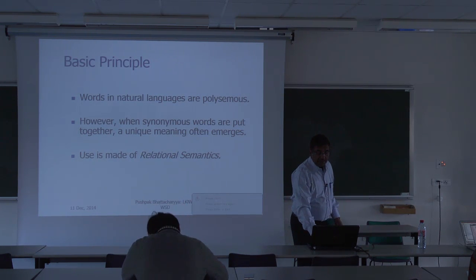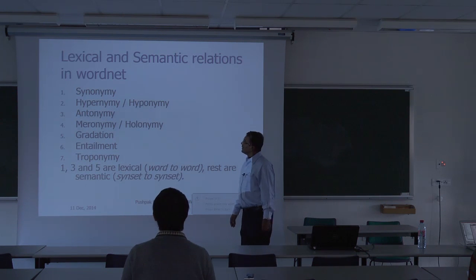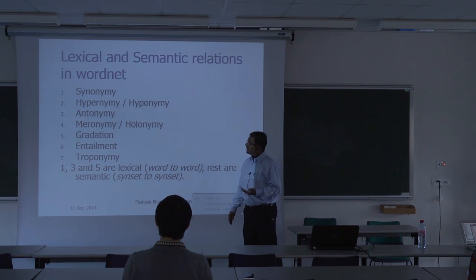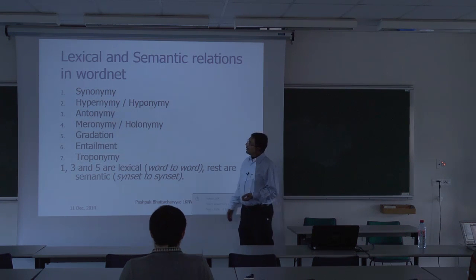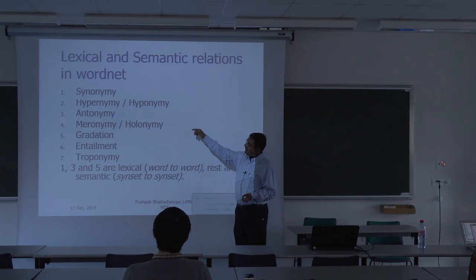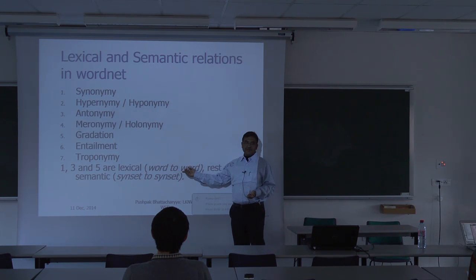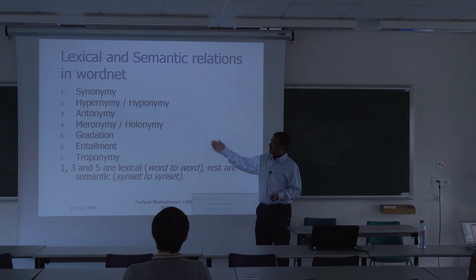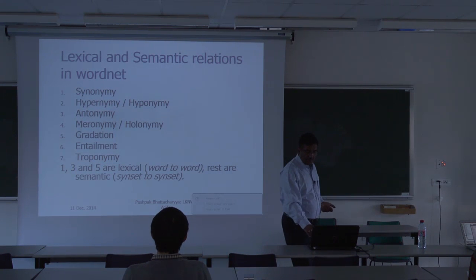So there are different kinds of lexical and semantic relations in the Wordnet: synonymy, hypernymy, antonymy, meronymy, gradation, entailment, troponymy. So 1, 3 and 5, that is synonymy, antonymy and gradation, these are lexical, word to word relationships, whereas other relationships are synset to synset, meaning to meaning relationships. That is the convention followed in Wordnet.